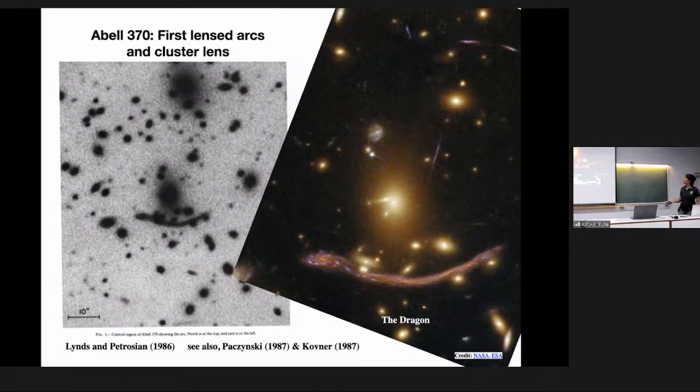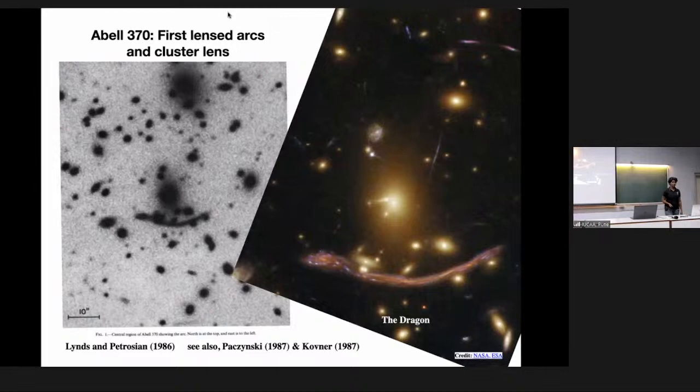And here, just for comparison, you can see an HST image of this particular system, where you can very clearly see this spiral galaxy being stretched all the way. So this is also nicknamed the Dragon because of its morphology.